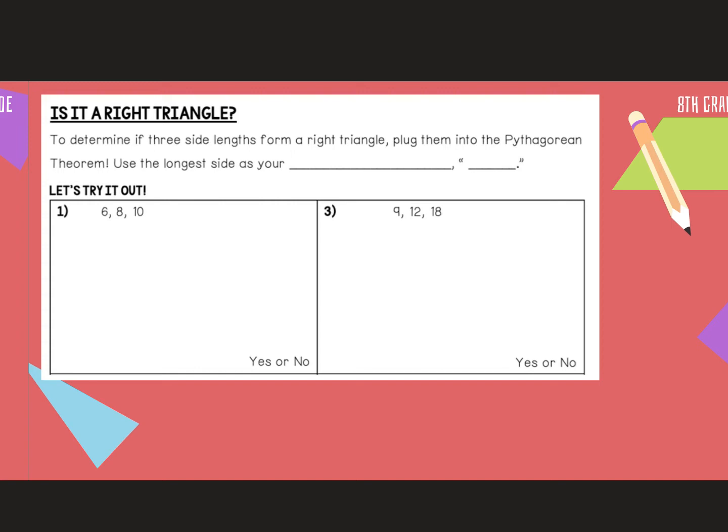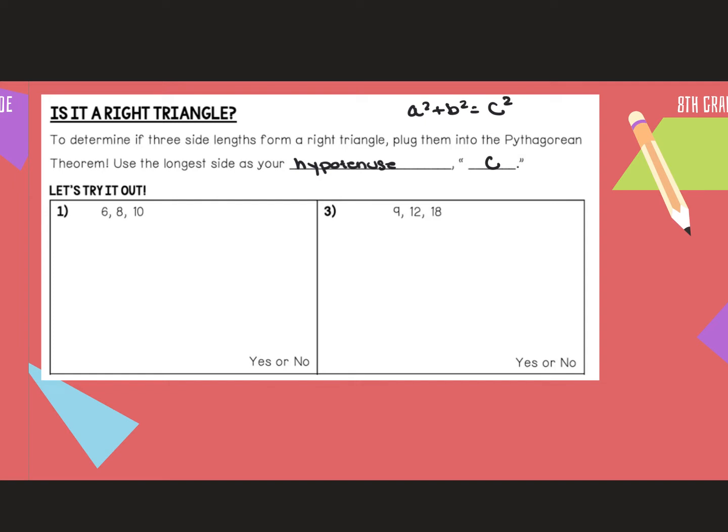So to determine if three side lengths form a right triangle, plug them into the Pythagorean theorem. Use the longest side as your hypotenuse, which is your c. Remember, the Pythagorean theorem is a squared plus b squared equals c squared.